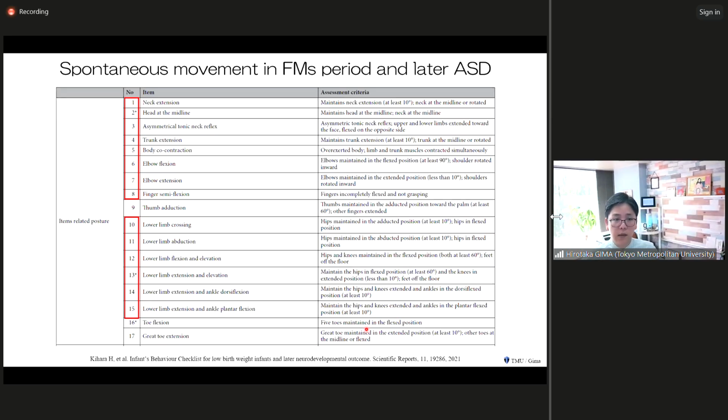In addition, other items were picked up for posture and behavior that the authors feel were commonly observed in clinical practice. The items indicated by the red squares are those originally proposed.